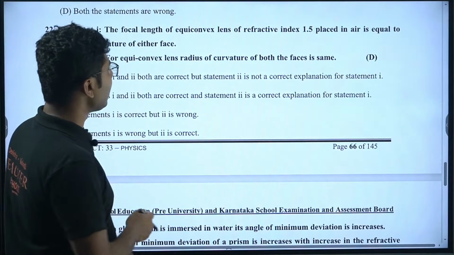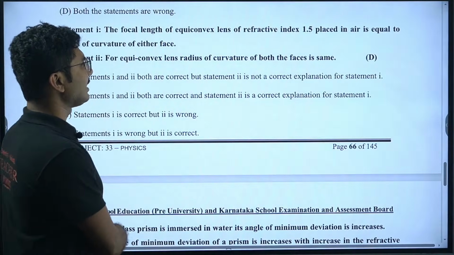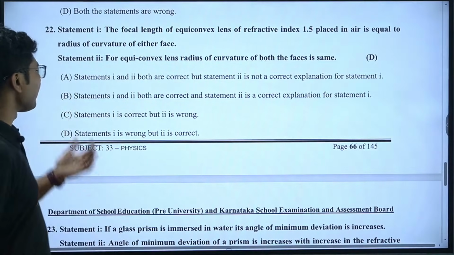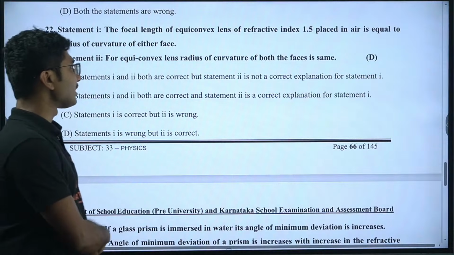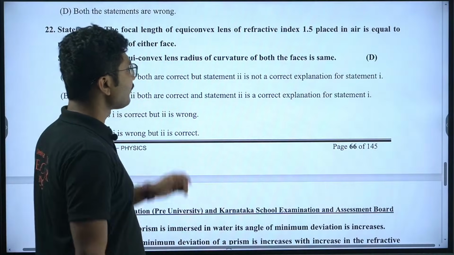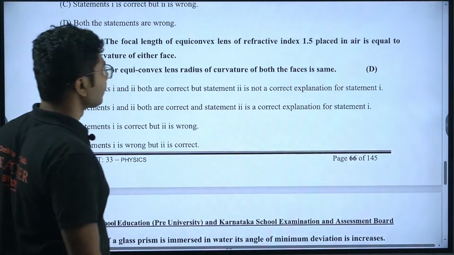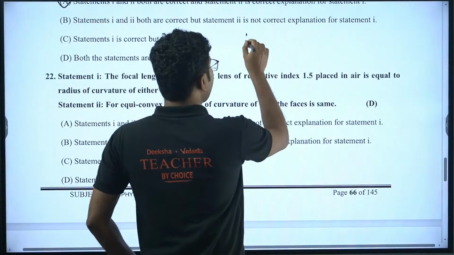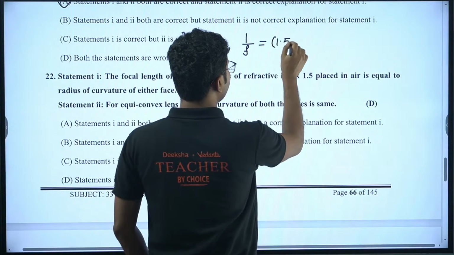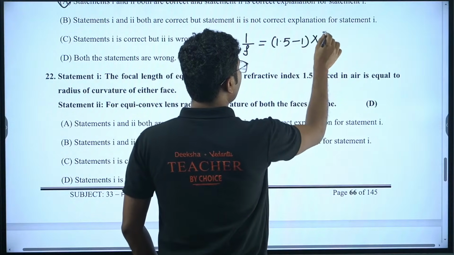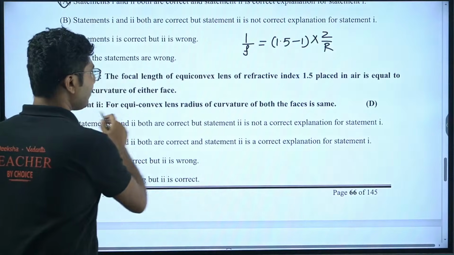For an equiconvex lens, the radius of curvature of both faces is the same. Okay, so here 1 upon f equals (1.5 minus 1) into 2 by R. Why so? Because of the second condition.